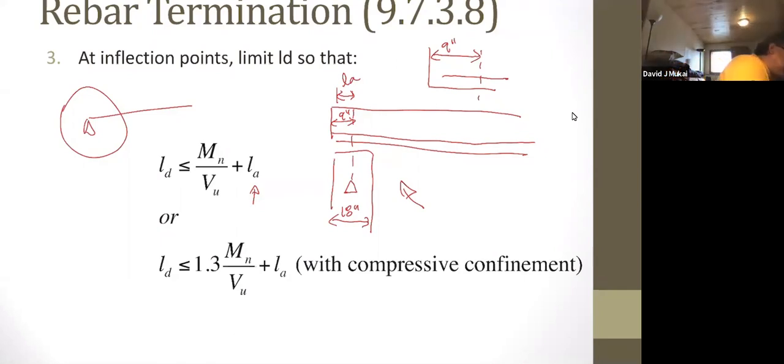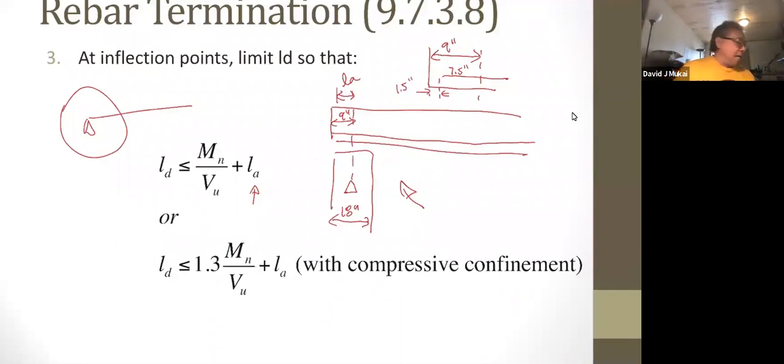So this distance here is 1.5 inches. So the extra amount of steel past the center line of that support is 7.5 inches. So that's LA.